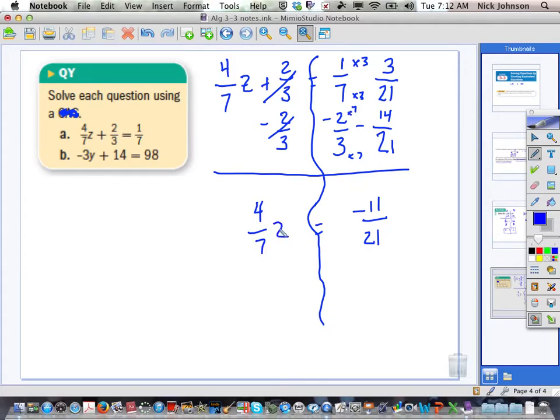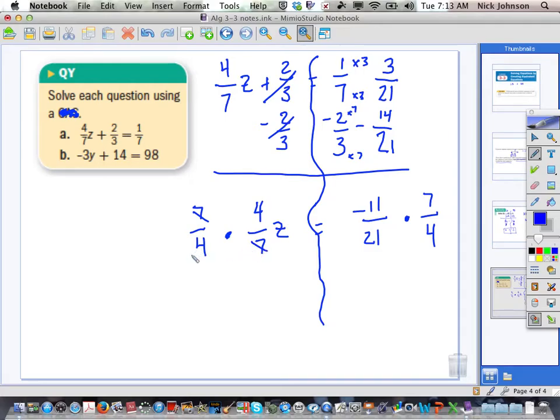4/7 z. Now, as I told you in a previous lesson, when I see stacked numbers here, the easiest way to get rid of this is to multiply by the reciprocal. The reciprocal of 4/7 is 7/4. Whatever I do to one side, I have to do to the other side. So I multiply this over here by 7/4.